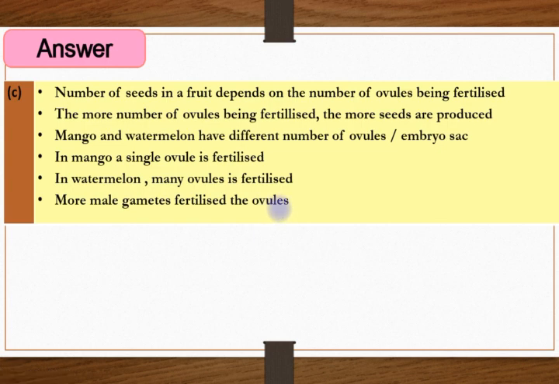That's how they differ in the number of seeds. So the number of seeds in fruits depends on the number of ovules being fertilized. This is already 6 points in question C. I hope you know how to answer the question correctly.